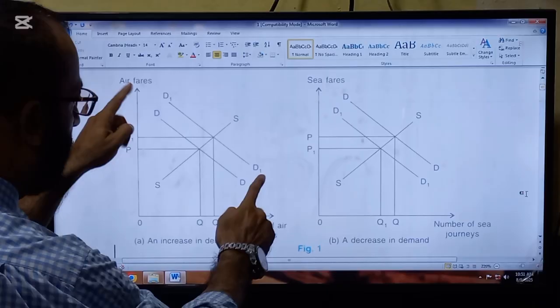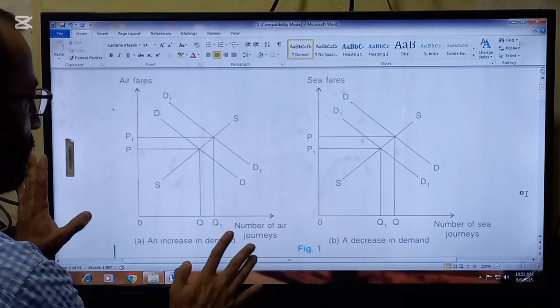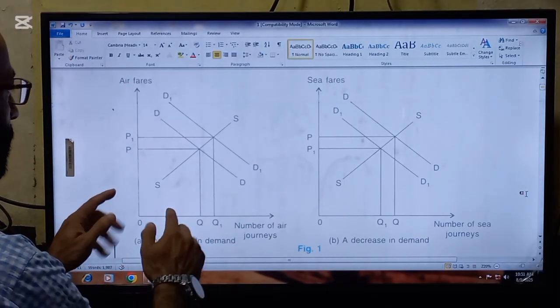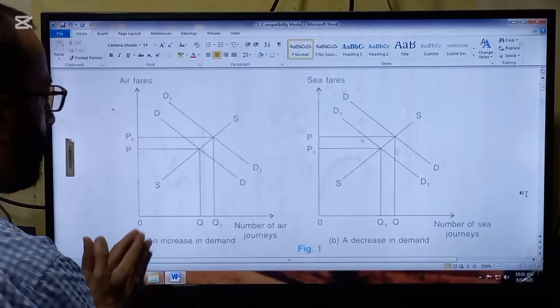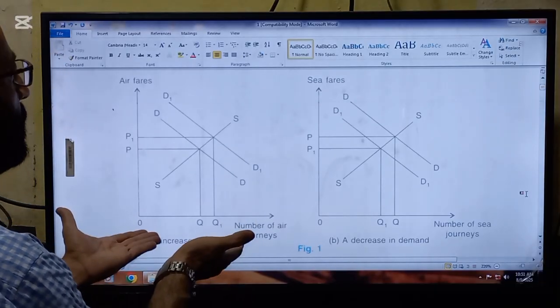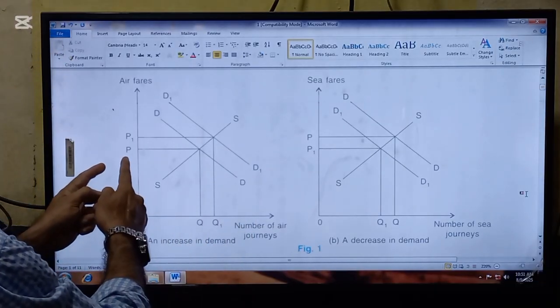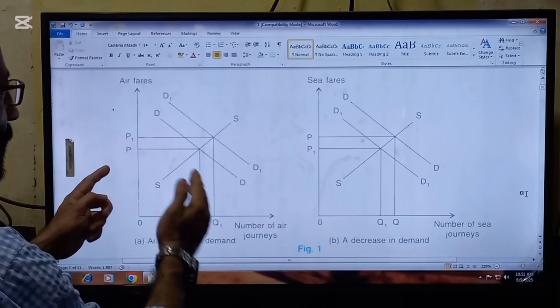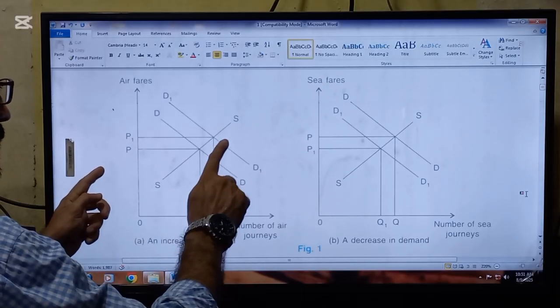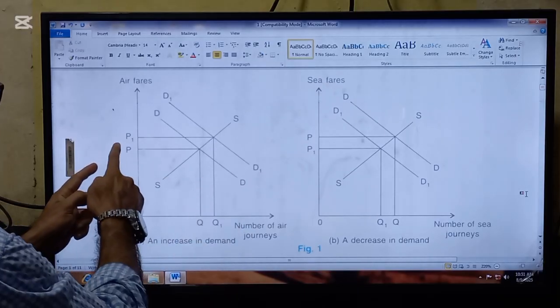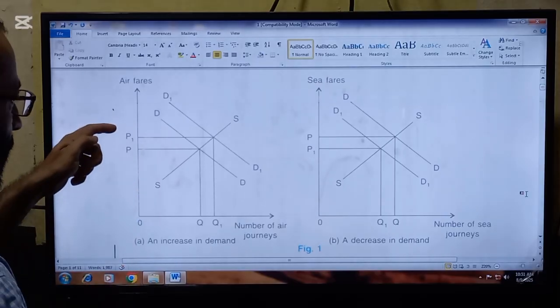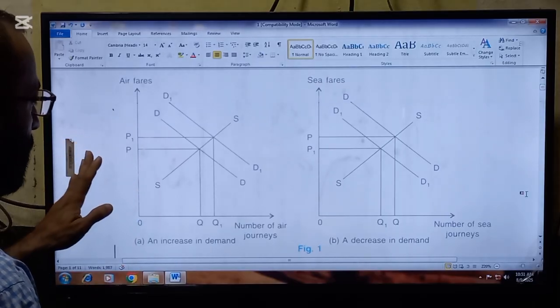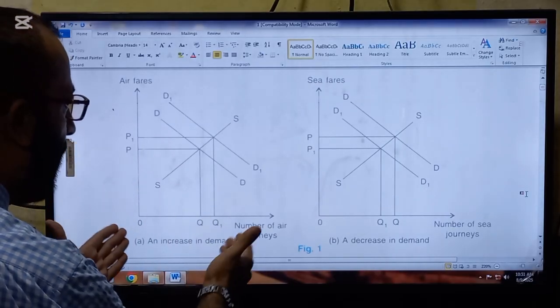So D1 is the new demand curve. And because demand is rising, there will be an upward pressure on the equilibrium price to reset as the new equilibrium price. So the new equilibrium price will be P1, which will be higher than the previous equilibrium price because the demand is rising.